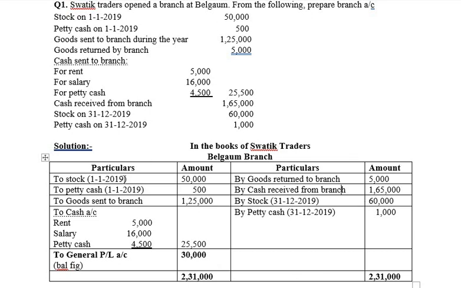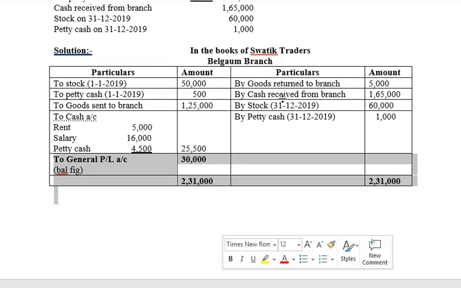Opening stock goes to the debit side, closing stock to the credit side. Goods sent to the branch during the year goes to the debit. Goods returned by branch, the head office is receiving it, so it goes to the credit side. Goods sent to the branch, head office is sending the goods, so it comes to the debit side. We are passing the journal entries in the books of head office.